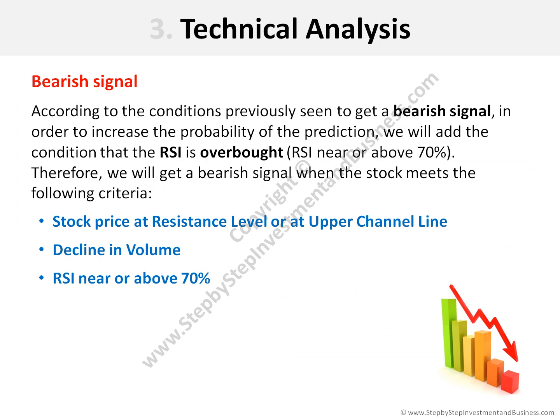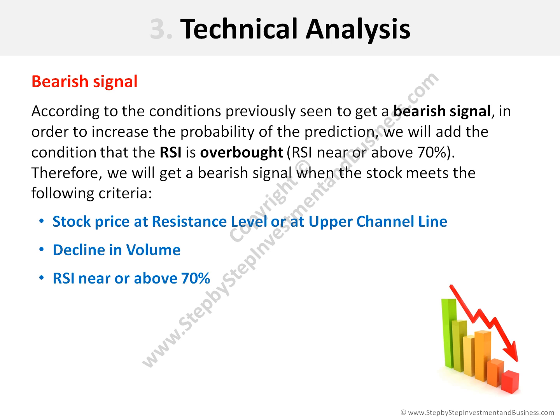On the other hand, according to the conditions previously seen to get a bearish signal, in order to increase the probability of the prediction, we will add the condition that the RSI is overbought, that is, RSI near or above 70%.